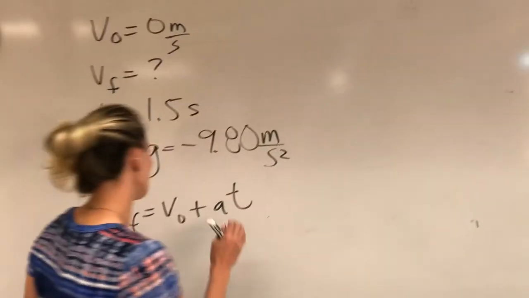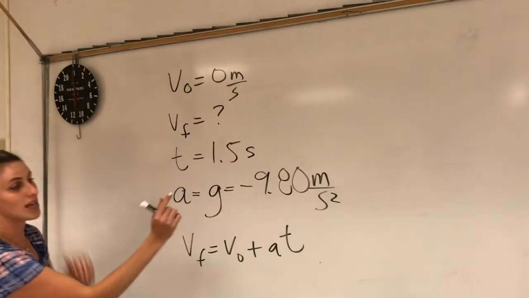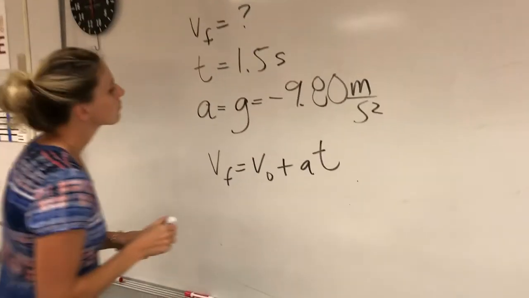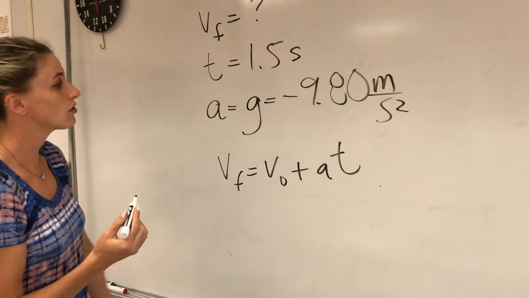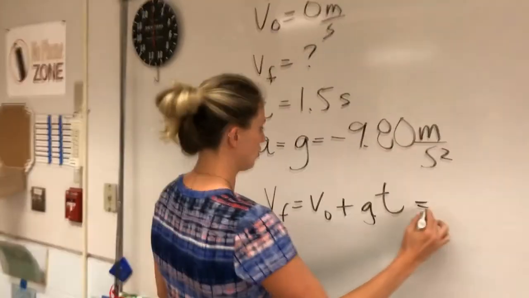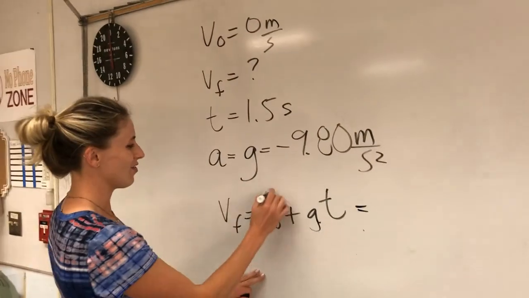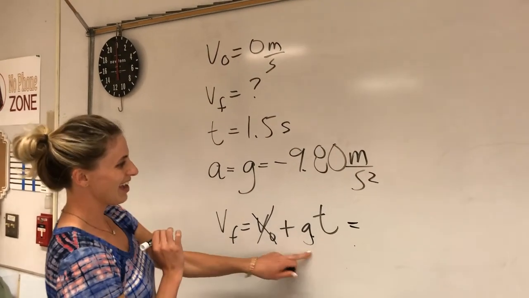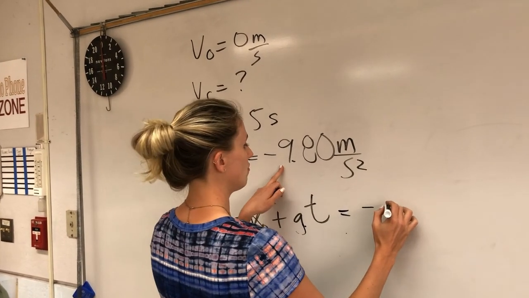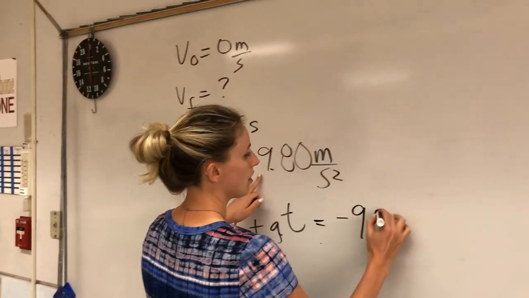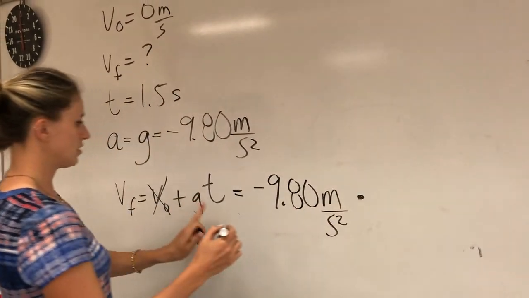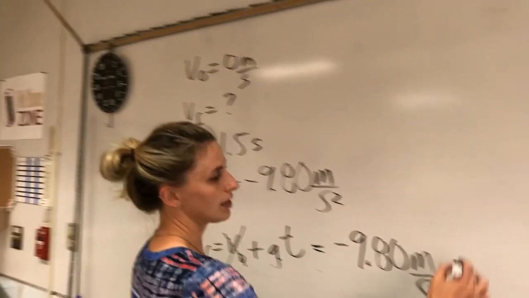Okay, so this is my equation. I've got all the variables. I'm using G because it's falling. You could turn that A into G, couldn't you? I totally could. This could be a G like that. Okay, so my initial velocity is 0. My gravity is negative 9.80 meters per second squared times the time, which is 1.5 seconds.